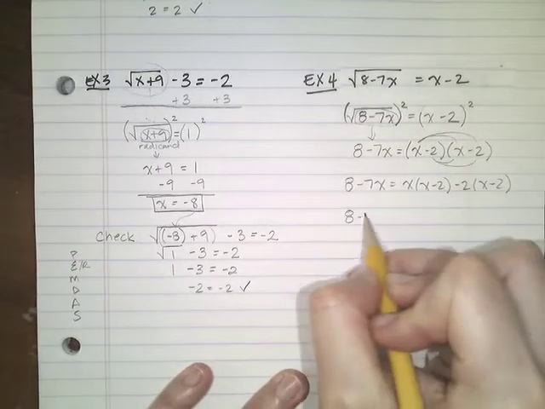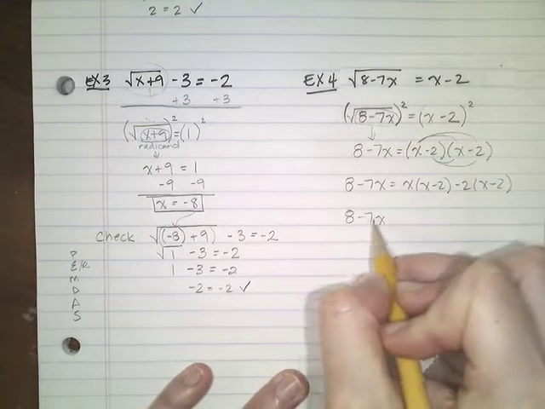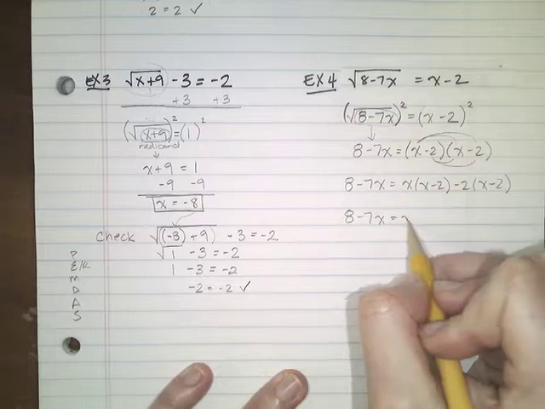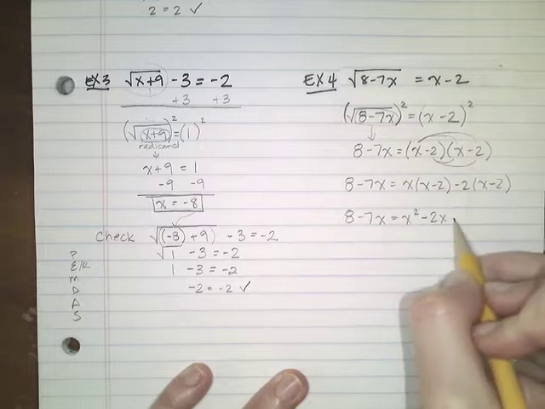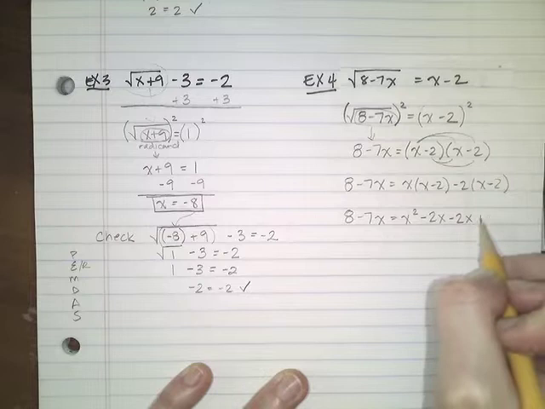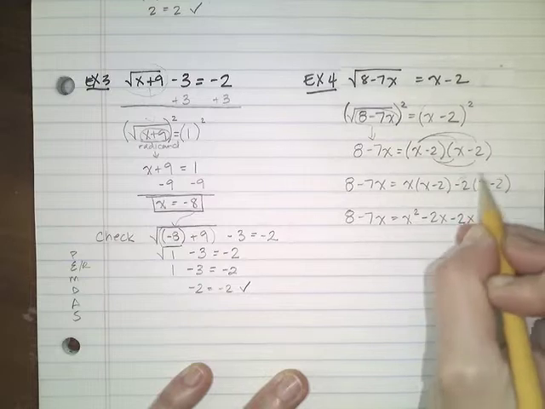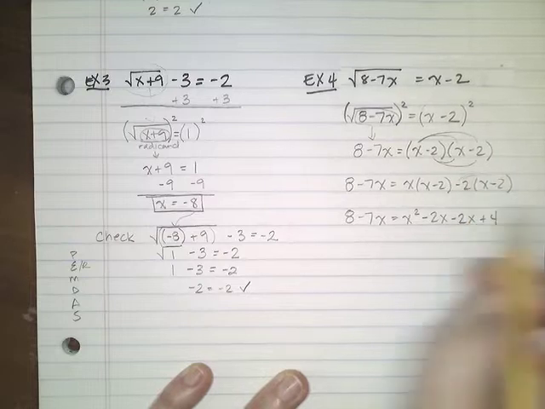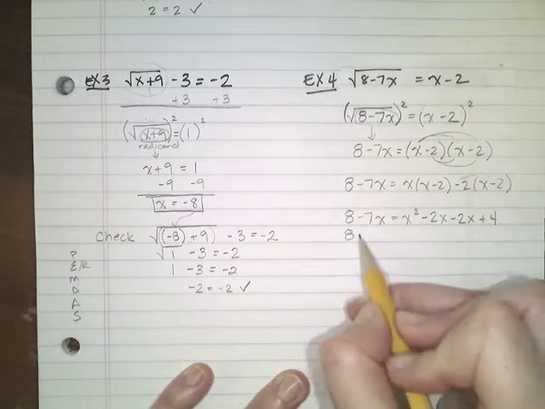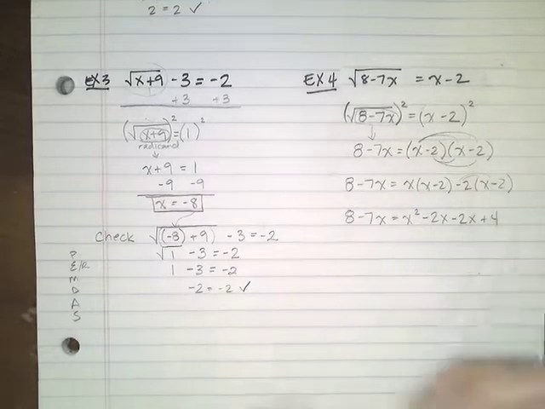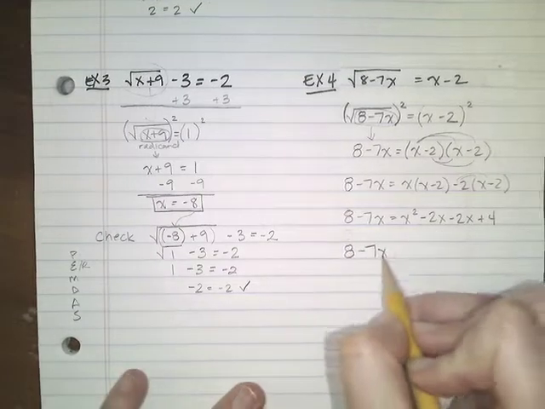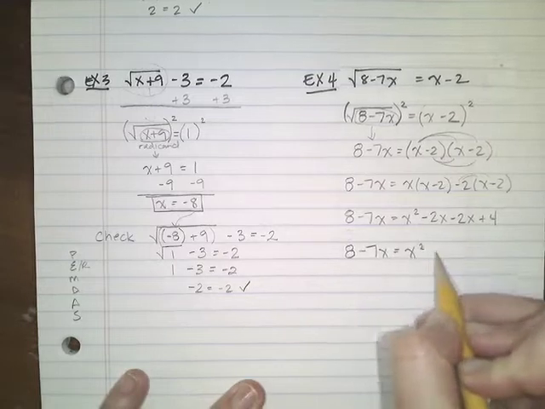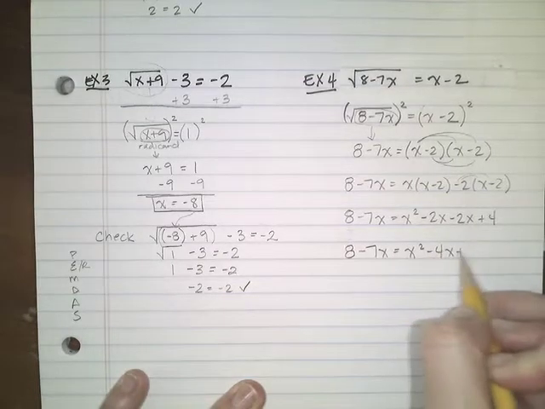Here, the left-hand side is still 8 minus 7x equals x squared minus 2x minus 2x plus 4. Don't forget to distribute the negative, right? So I get 8 minus 7x equals x squared minus 4x plus 4.